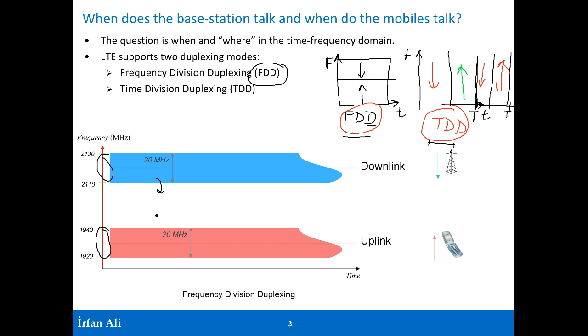If the mobile is going to be listening for downlink right next in the bandwidth to where it is transmitting up, there is a lot of interference that would be happening, and you don't want that kind of interference.